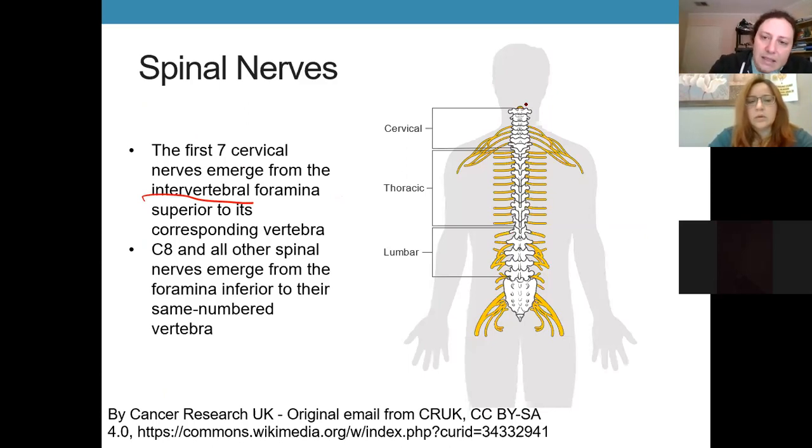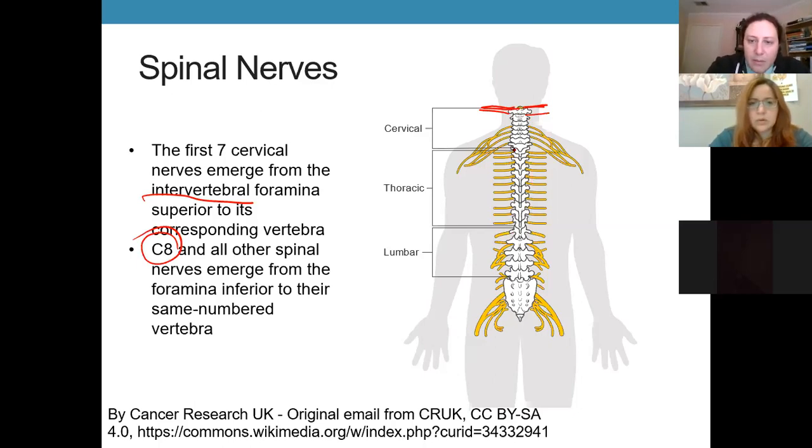So what that means is that above the atlas is the C1 spinal nerves. And then we go 2 through 7. But then when we get to the intervertebral foramina between the 7th cervical vertebra and the 1st thoracic vertebra, we have the 8th cervical spinal nerves.